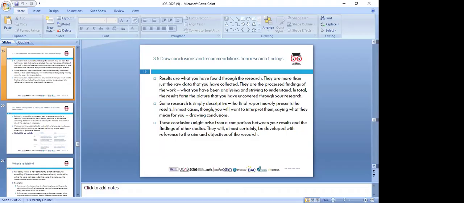Now, there can't be any research work without recommendations or conclusions. When you have identified your research topic, you have your aims and objectives, you've done your literature review, you then have your data presentation in terms of your methodology. Presenting your data as pie charts, histograms, data information, you put it out there and interpret it.